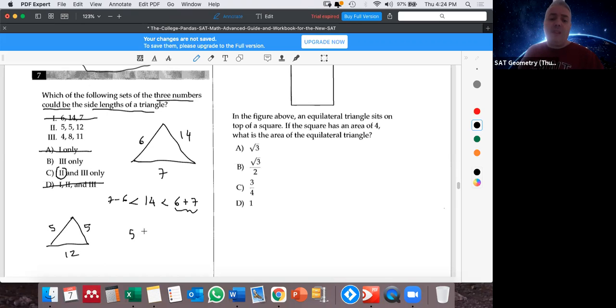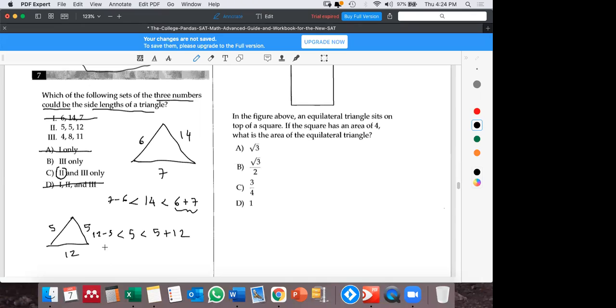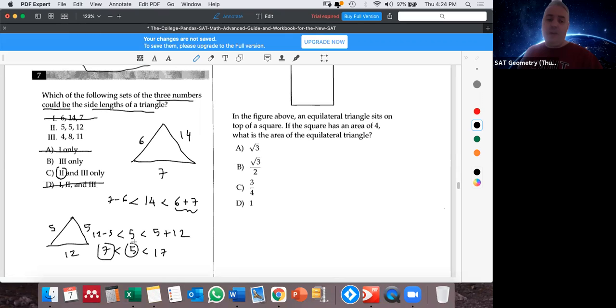Take it 5. 5 is less than 5 plus 12. Yes. 5 is greater than 12 minus 5. Yes. Sure. No. Now, that means 2 mustn't be. If 2 mustn't be, result is automatically 3.